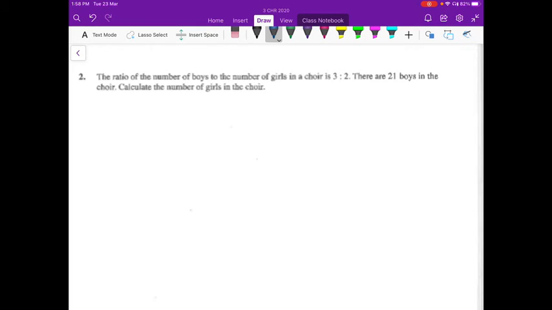Okay, question number 2. Number of boys, number of girls, 3 to 2, 21 boys in a choir, number of girls. Boys, 2 girls. 3 to 2. I don't care what your working is. All your 3 unit, 2 unit, I don't want them.